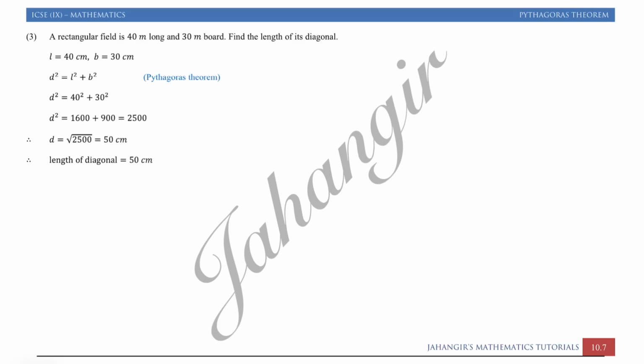Question number 3. This is an application question. The rectangular field 40 meter long. Let's draw a rectangle. Let us consider this as a rectangle, in which length is 40 centimeter, breadth I can say is 30 centimeter.